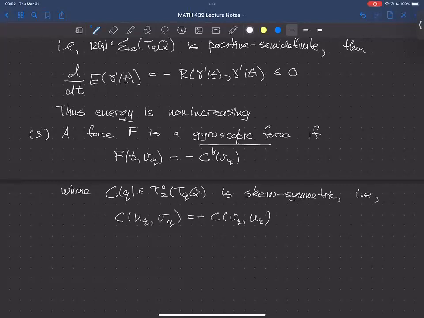All right, so gyroscopic forces, notice, do not change energy.